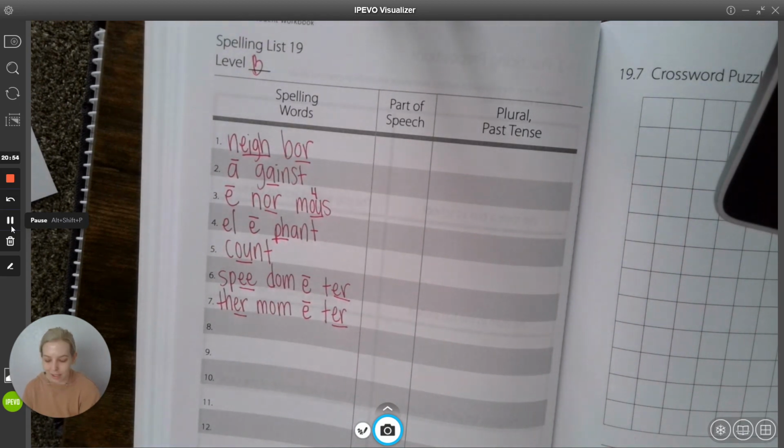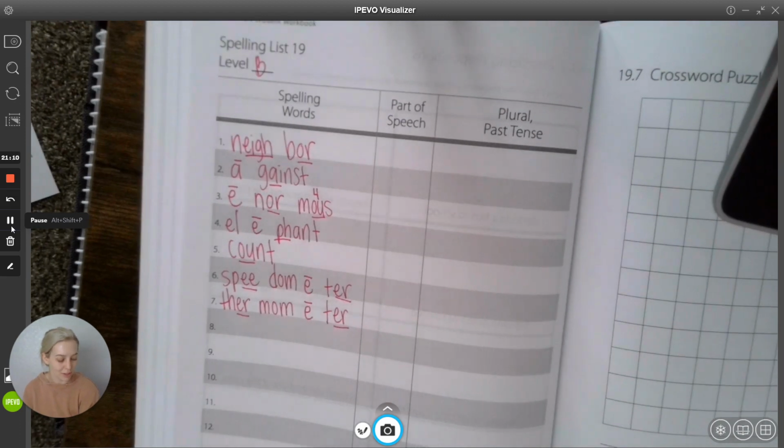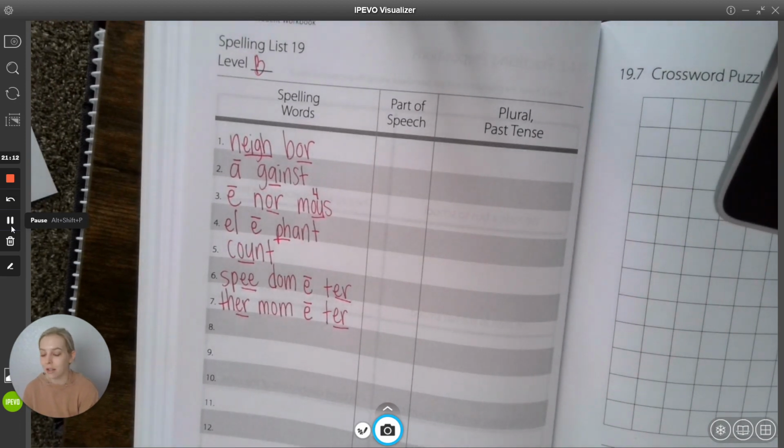All right, number 8, thermos. Rubus took a thermos of coffee to work. When we say it quickly, usually we say thermos. So there is a schwa sound in here. 2 syllables in thermos. First one is thir. Sound it out. Finger spell. Er.